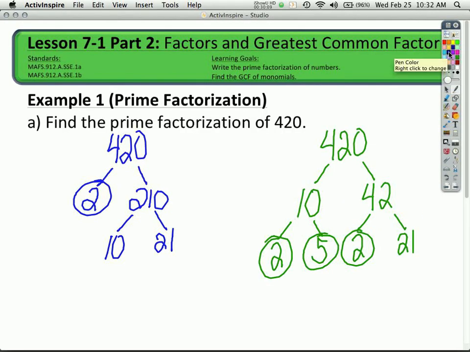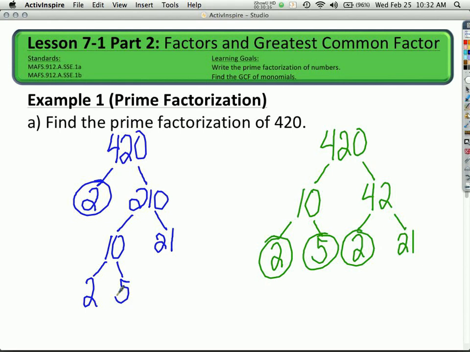I need a factor pair for 10. Oh, wow, look, I got it right there. Already did it. 2 times 5. But I need a factor pair for 21. I don't have that. Caleb? 2 times... Okay, yeah, it's not divisible by 2. That's why we got those rules.